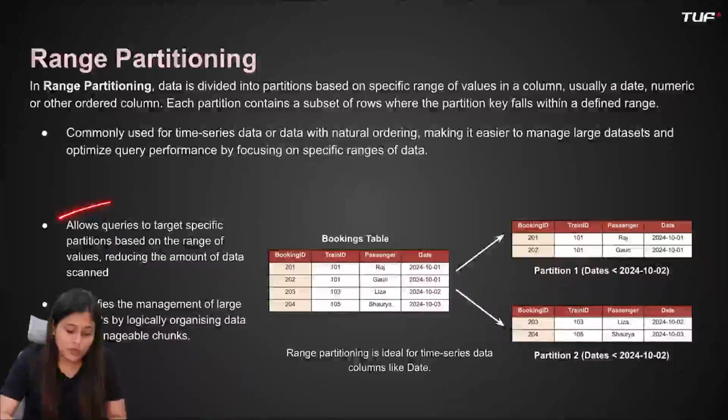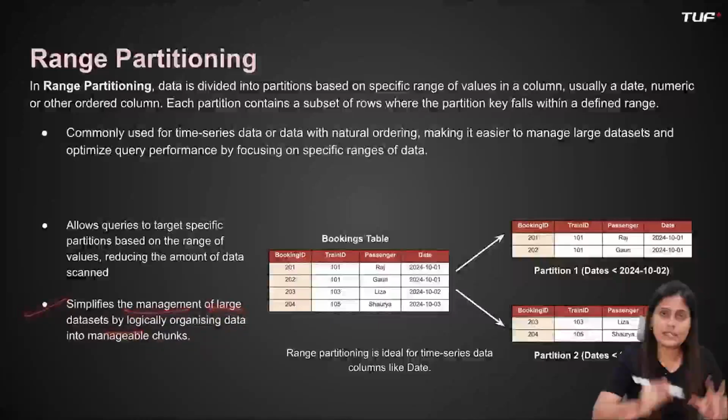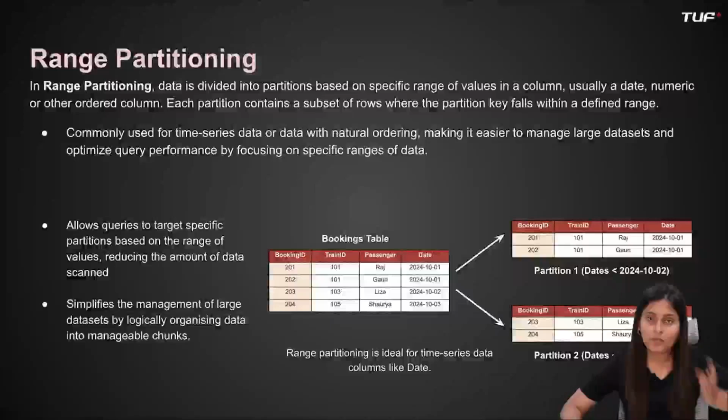So it allows queries to target specific partitions based on the range of values, and it also simplifies the management of large data sets by logically organizing them into manageable chunks. That's what logically means.